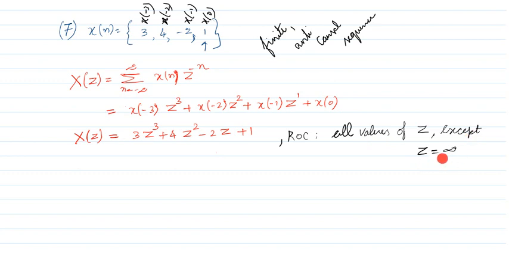So this is another property of ROC for a finite anti-causal sequence. Another name for anti-causal is left-sided, because you can see the signal is for only negative time. Some books use left-sided sequence.